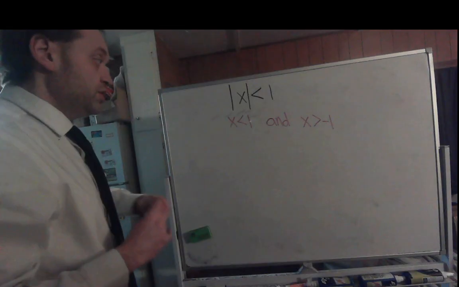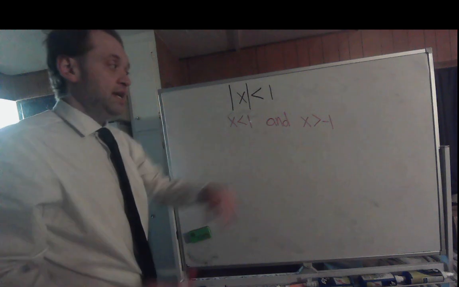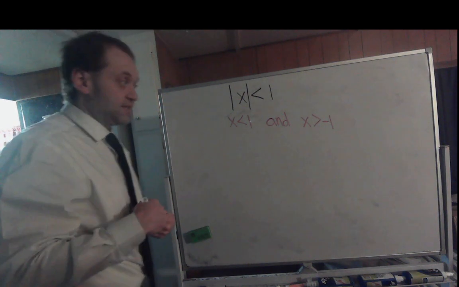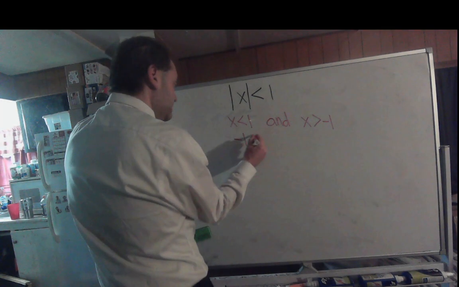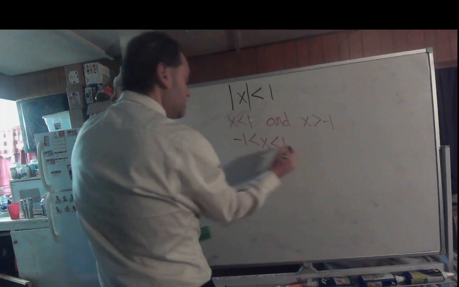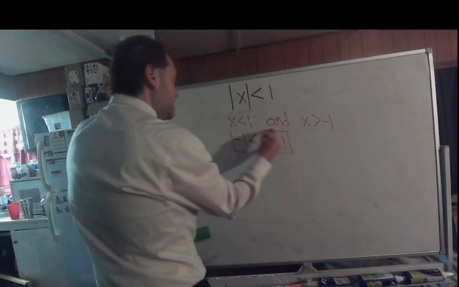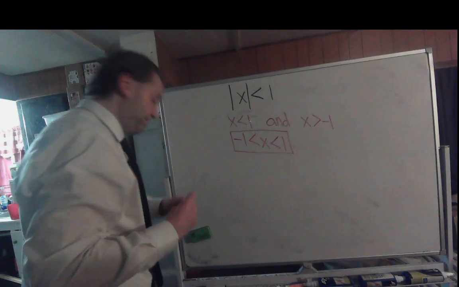So what do you know? You have x is less than 1 and x is greater than -1. Well, if x is greater than -1, that means that -1 is less than x, which then x is less than 1. So you can write your solution that -1 is less than x, which is less than 1.